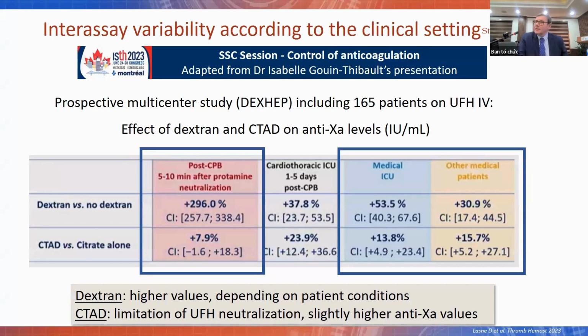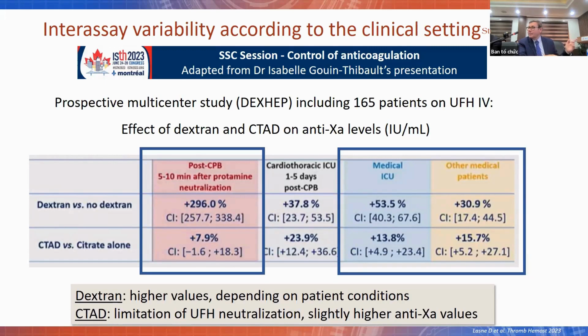More interestingly, if you look at the different patient categories, you have here the post-CPB patients, 5 to 10 minutes after protamine neutralization. And you can see a huge difference between the anti-Xa activity using the two different reagents. But if I may remind you, in those patients with protamine neutralization, heparin binds to protamine, and only the remaining fraction of heparin, which is free, is still available and is still active.